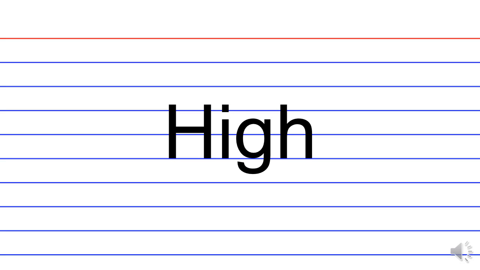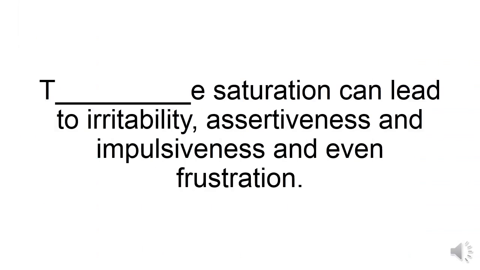All right, you probably guessed it. If you have high concentrations of testosterone circulating in your bloodstream, eventually hitting their target organs, you're going to exhibit some aggression, more likely than not. T blank E saturation can lead to irritability, assertiveness, and impulsiveness, and even frustration.